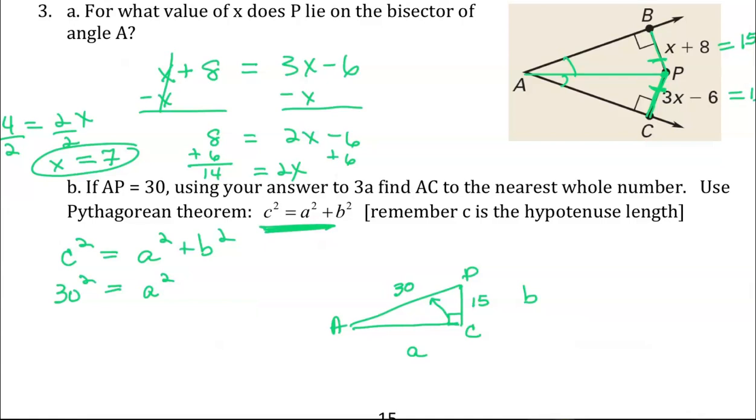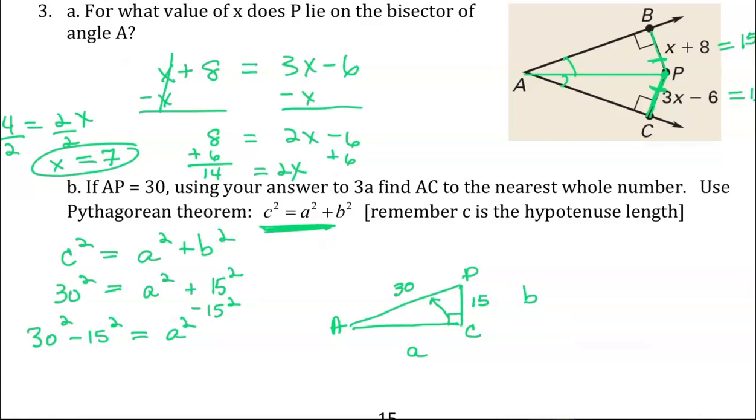We want AC, plus we solved for, if I plug in 7, I know I'm going to get a 15 for PC, so that's 15 squared. Then I want to get A squared by itself, so I'm going to subtract away 15 squared. That's going to equal A squared.